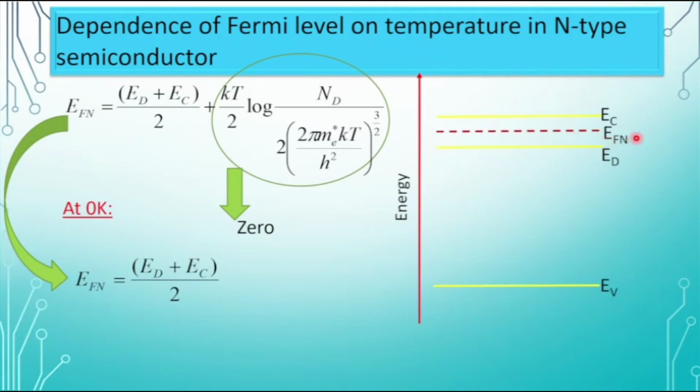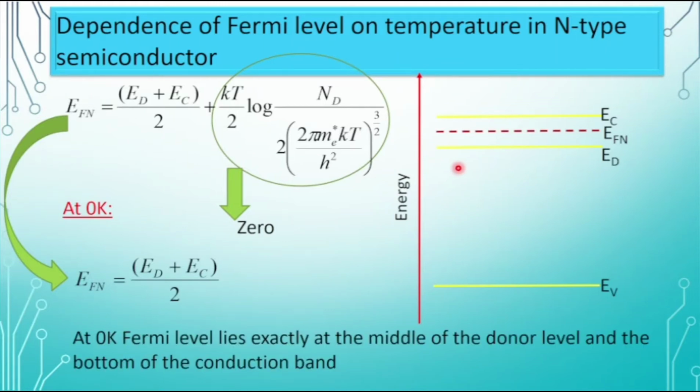This EFN is the Fermi level for the N-type semiconductor, and this diagram is at absolute zero. So at 0 K, the Fermi level of an N-type semiconductor lies exactly in the middle of the donor level and the bottom of the conduction band.